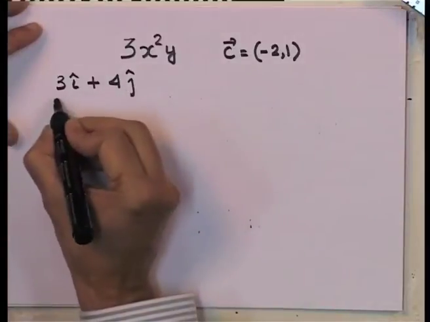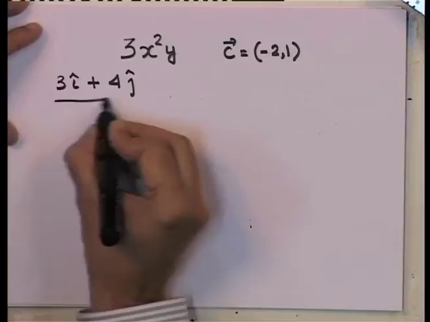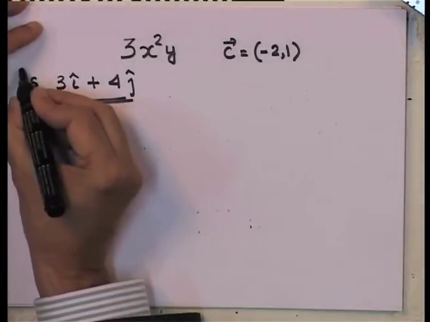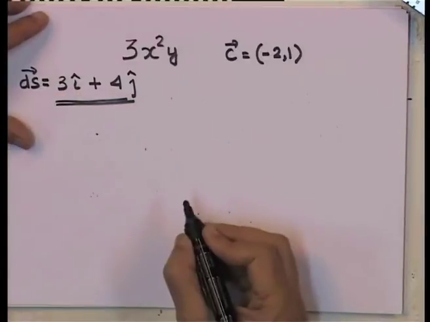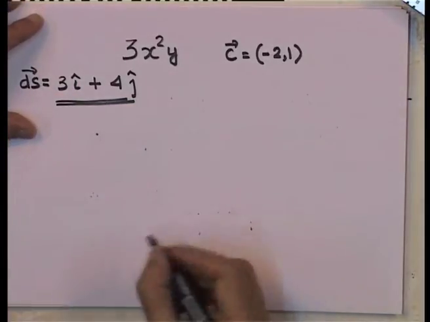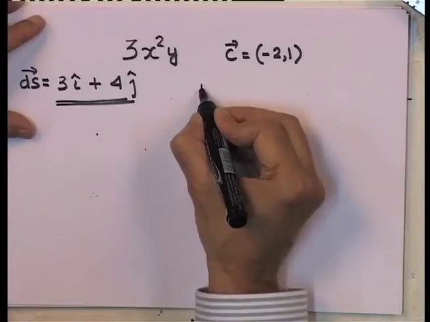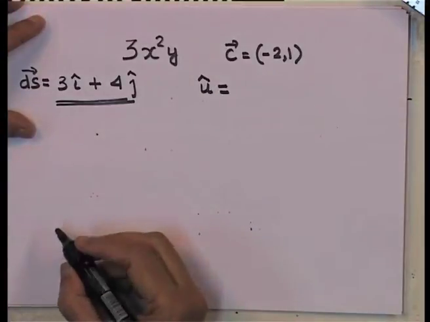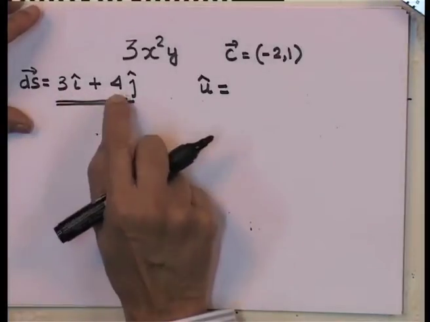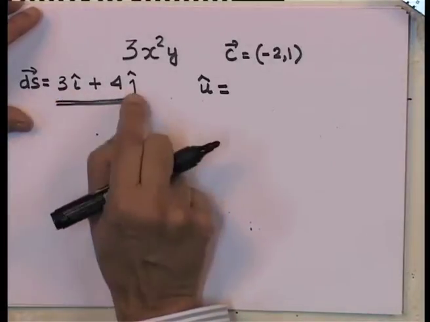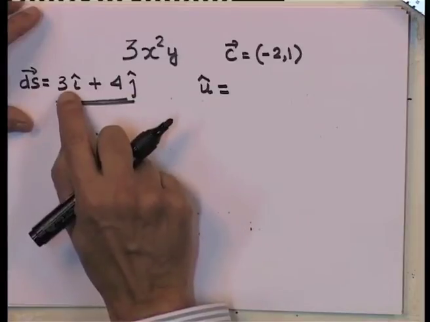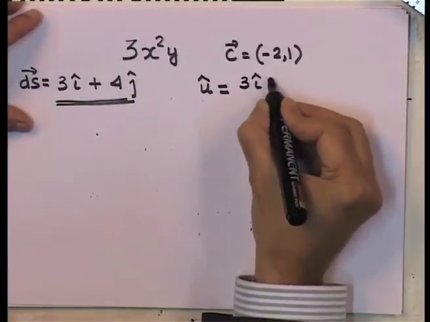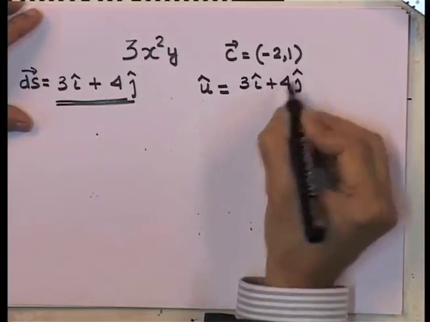Now, notice this is not a unit vector. This is what I represented earlier as ds, the direction s. In order to make it a unit vector and call it u according to our previous notation, I must divide it by the magnitude of this vector, namely square root of 3 square plus 4 square. So, it will be (3 i plus 4 j) divided by 5.